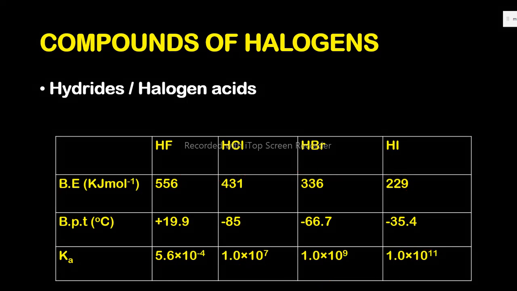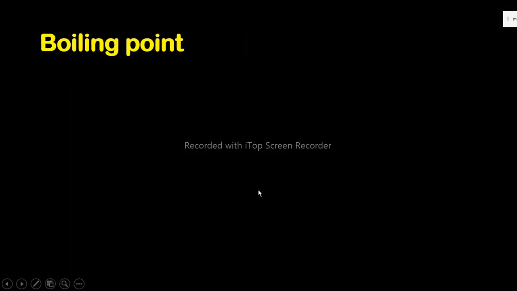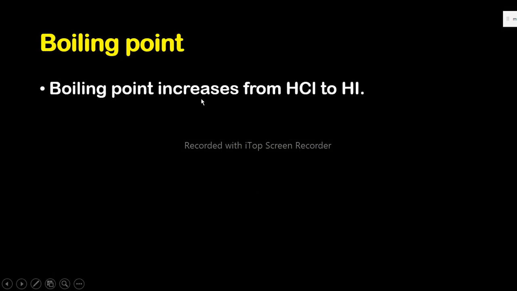So let's talk about these few. Boiling point increases from hydrogen chloride to hydrogen iodide. Why?